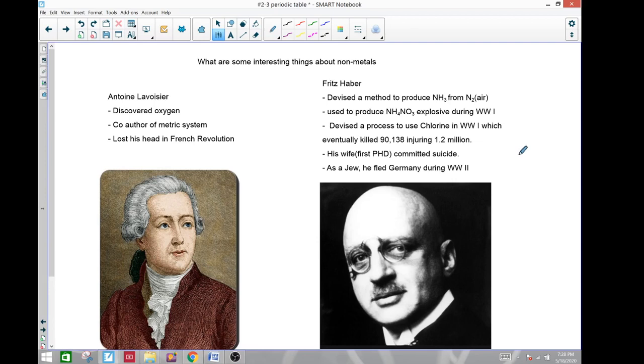His wife was the first PhD in Germany, and she committed suicide. As a Jew, he was forced out of Germany during World War II. So there's a lot of interesting history about some of these guys and the nonmetals oxygen and nitrogen in the air.